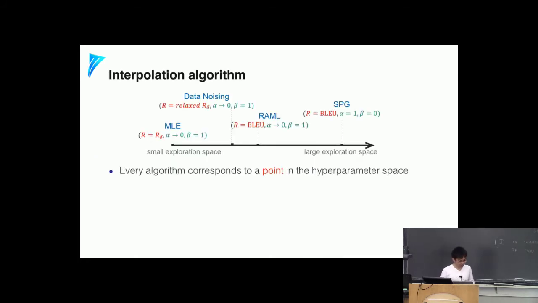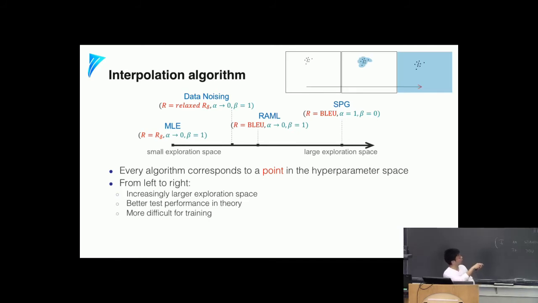Okay, so we see that within this single framework, we show that every algorithm corresponds to a point in the hyperparameter space. If we see the reward function and alpha and beta as hyperparameters, then different algorithms are mapped into a single point in this hyperparameter space.